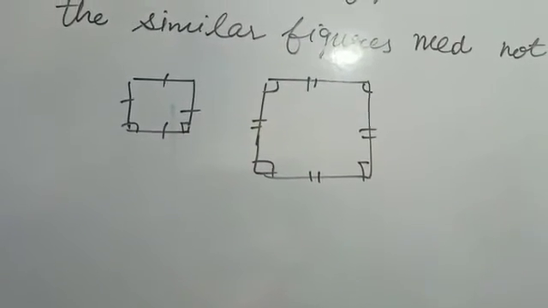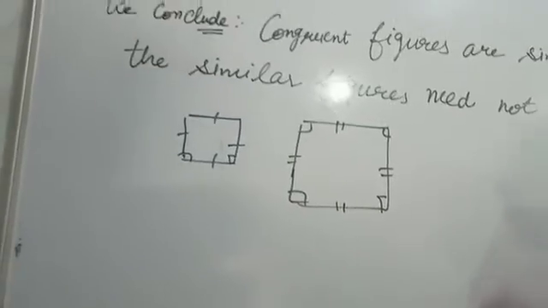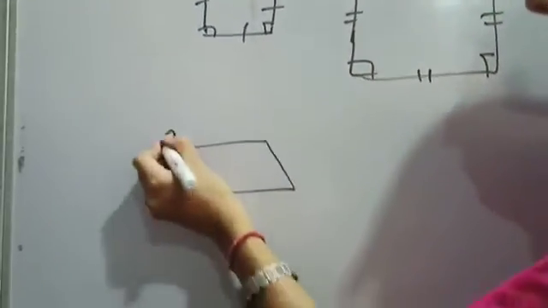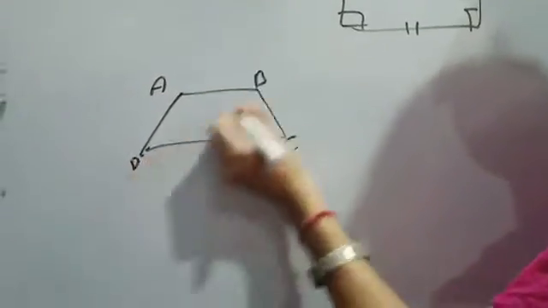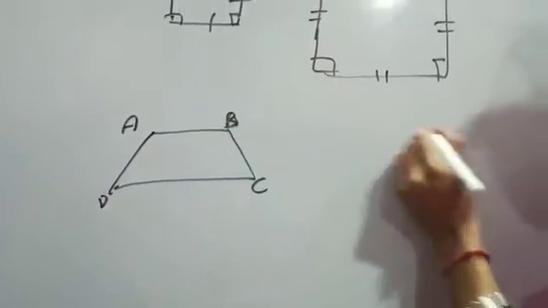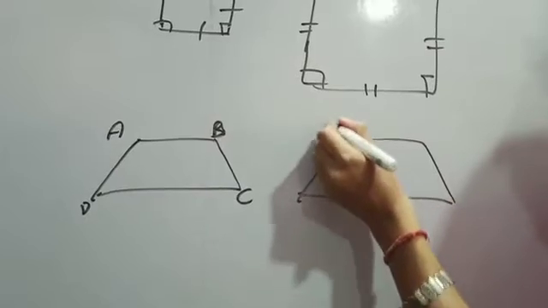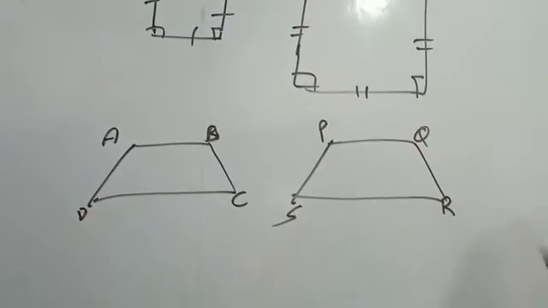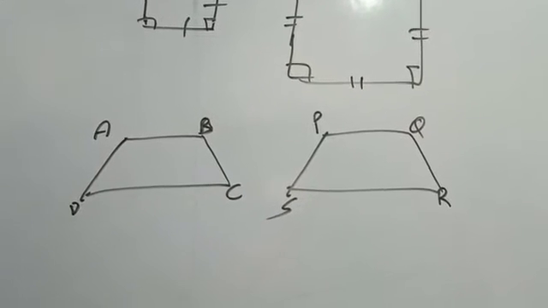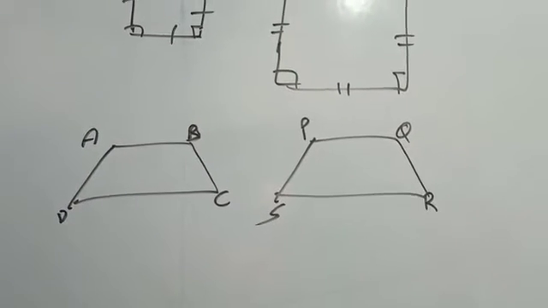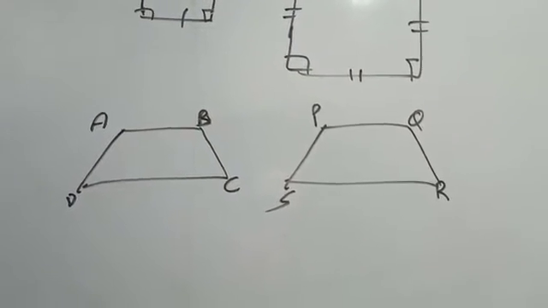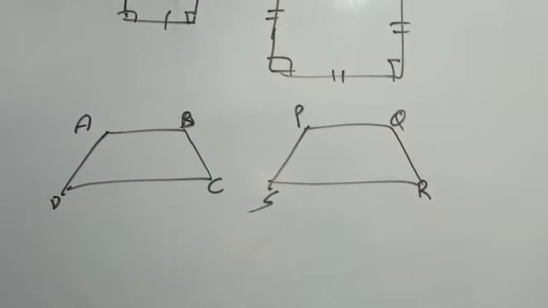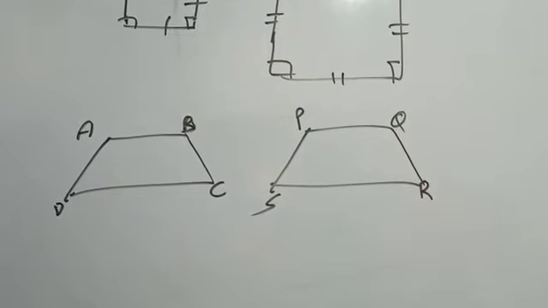Now for similarity, if we discuss two quadrilaterals, one quadrilateral ABCD and another quadrilateral PQRS, or any other polygon, can we say these are similar or not? To discuss similarity further, there must be some definition or rules. So those rules are here.